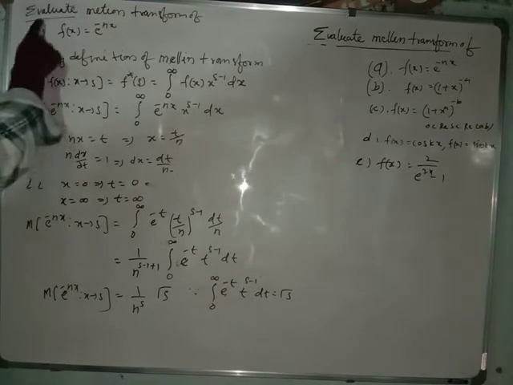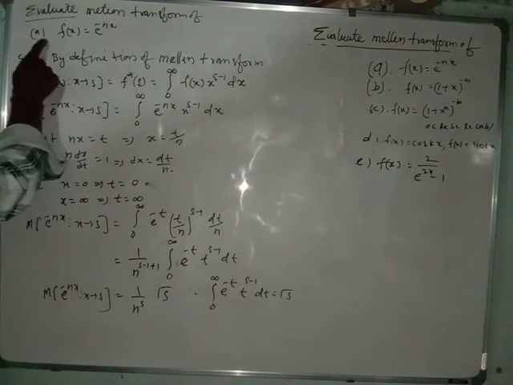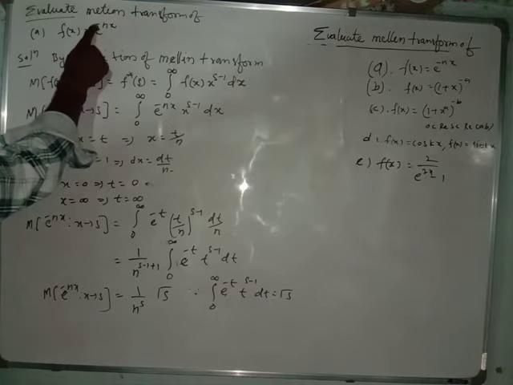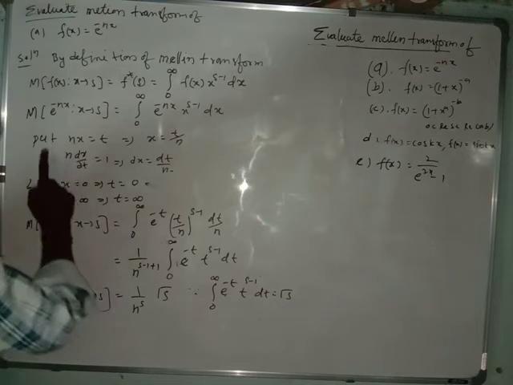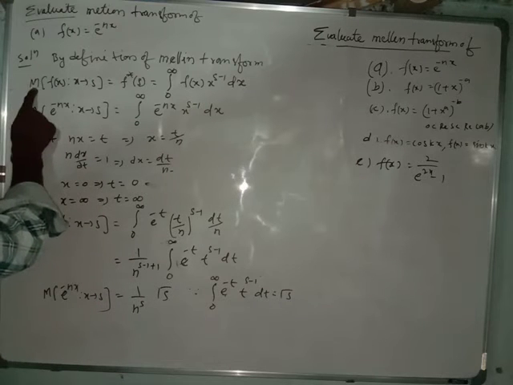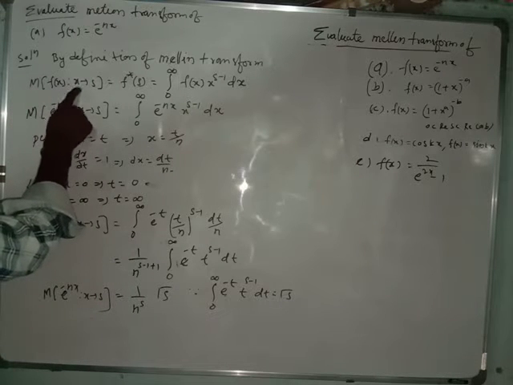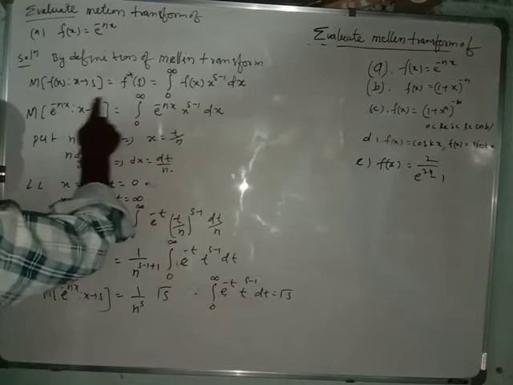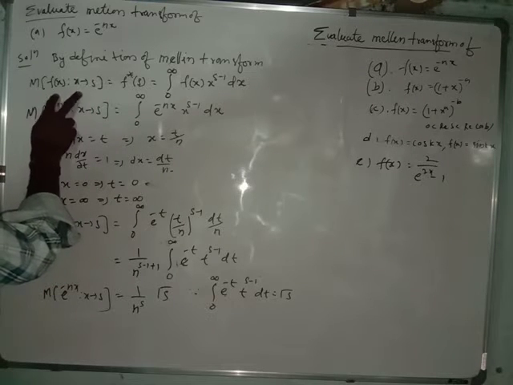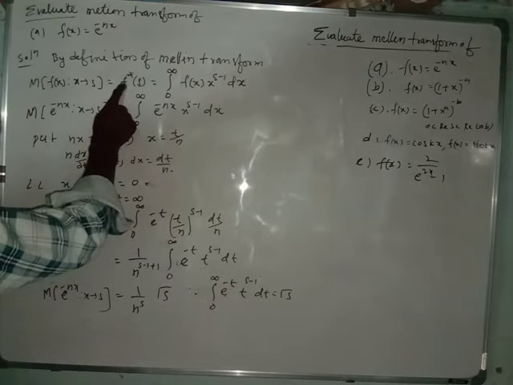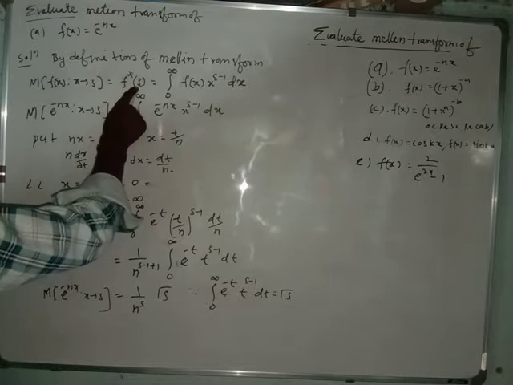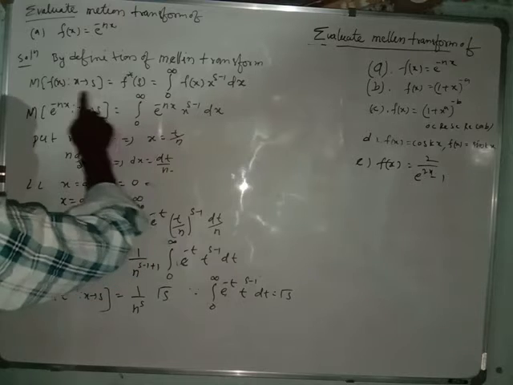Now evaluate the Mellin transformation of f of x equal to e to the power of minus nx. By the definition of the Mellin transform, M of f of x, which is denoted by f star of s, is defined as follows.